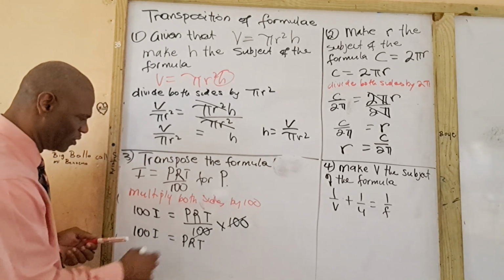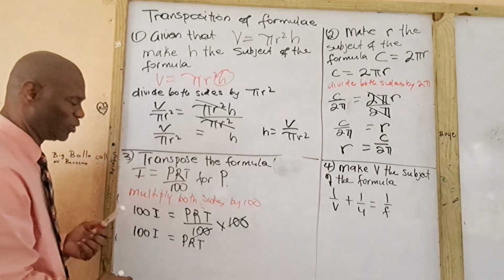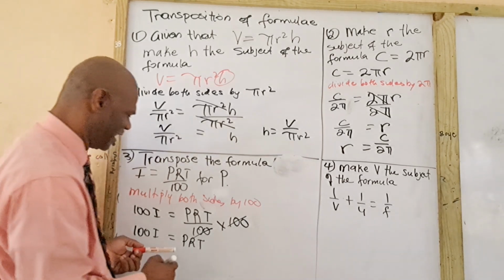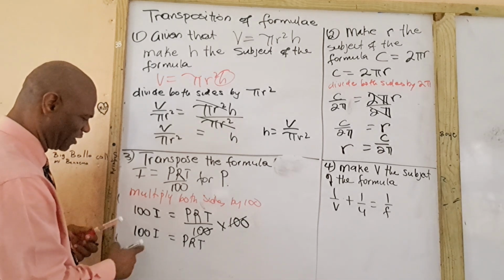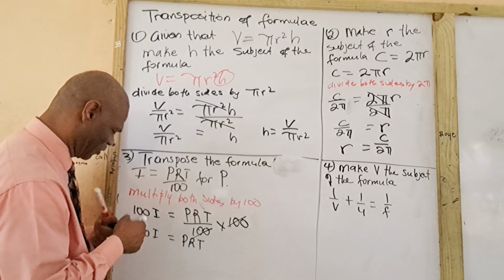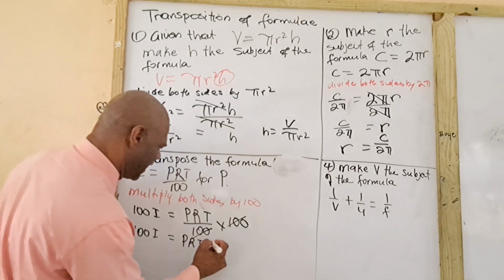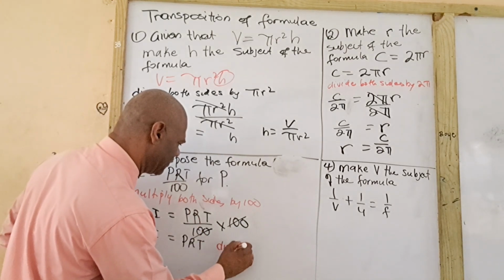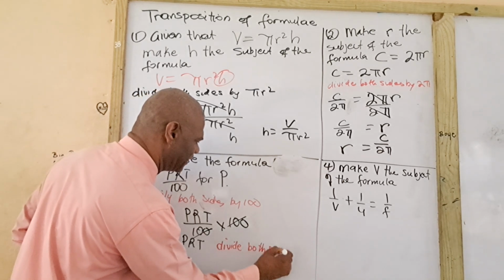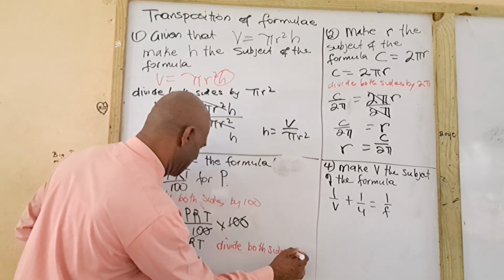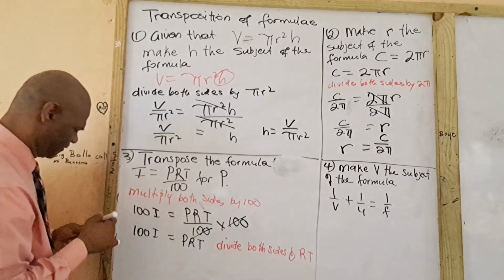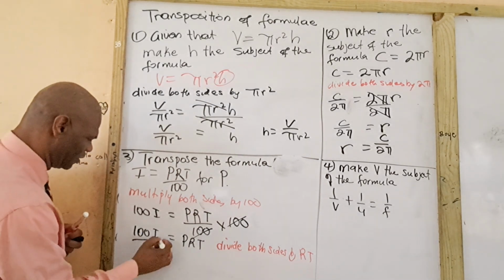Alright? Now, we need to make P the subject. So we are going to do what? We are going to divide. Very good. We are going to divide both sides of the equation, or this formula, by RT. So let me write that. I'm going to write it beside. So divide both sides by RT.